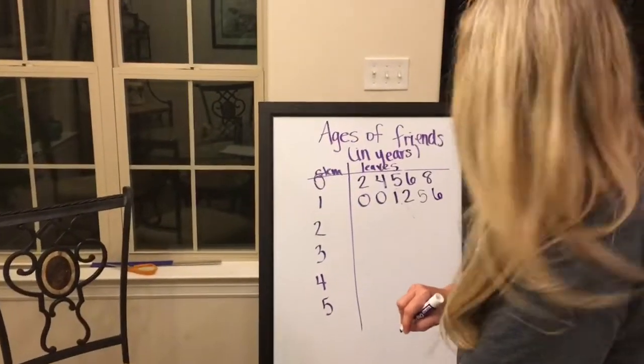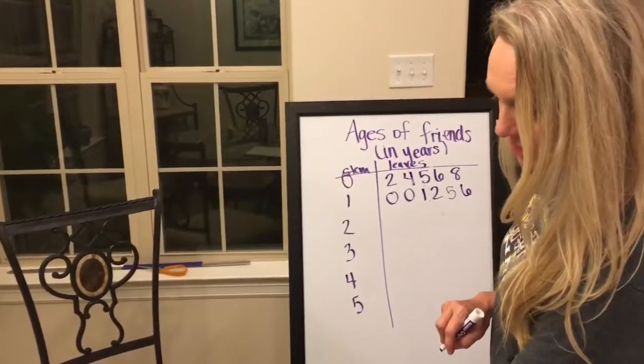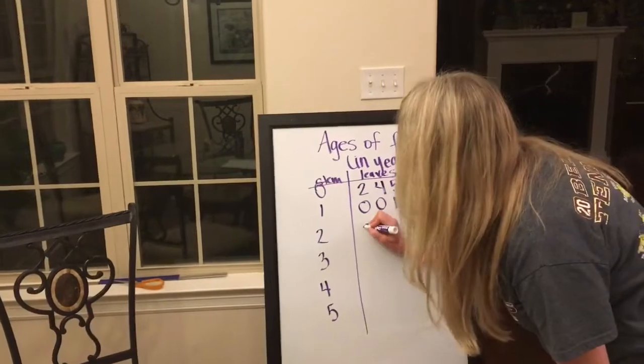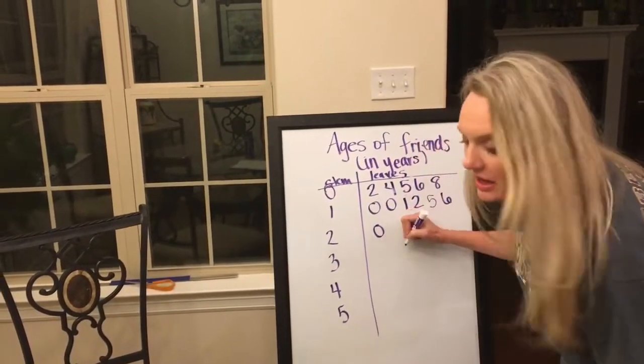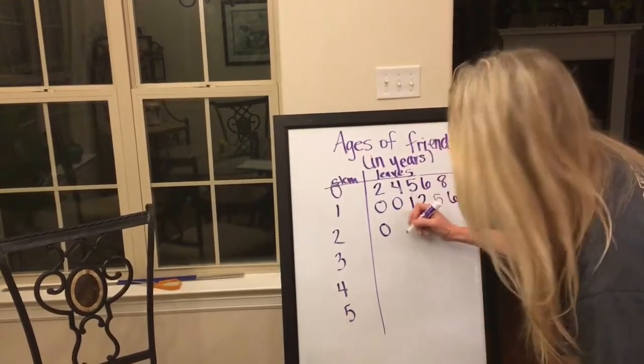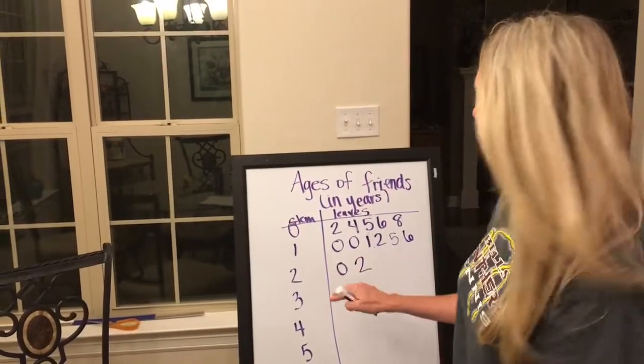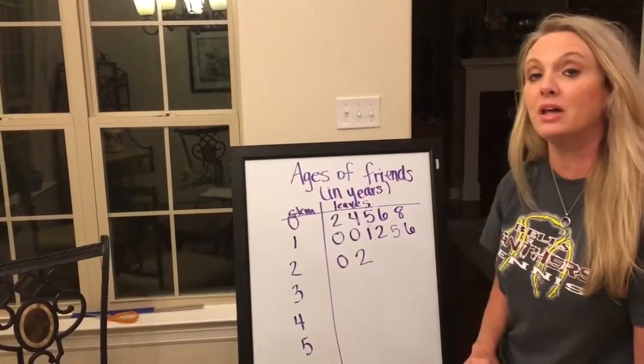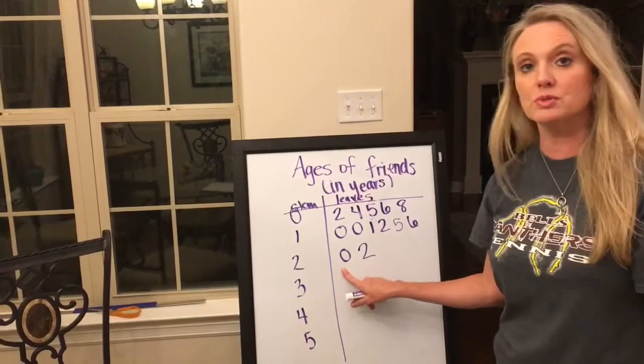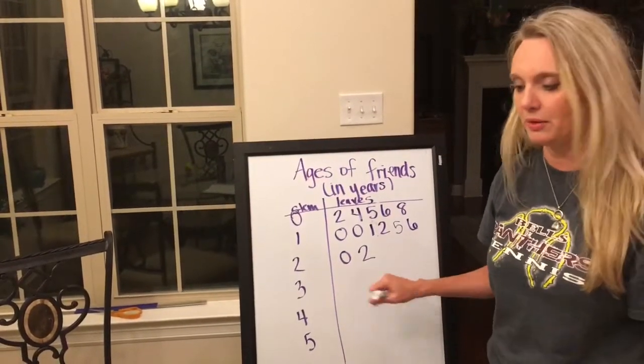Let's take a look at the ones in their 20s. We have a 20 and we have a 22. Now we don't have any friends in our 30s, so we will leave that one blank. Remember, we don't put zeros because that would represent a 30.